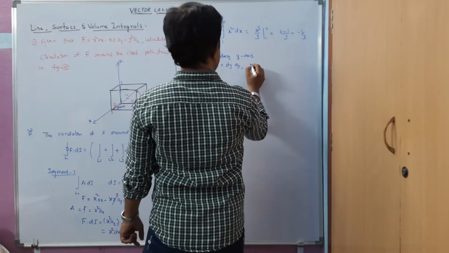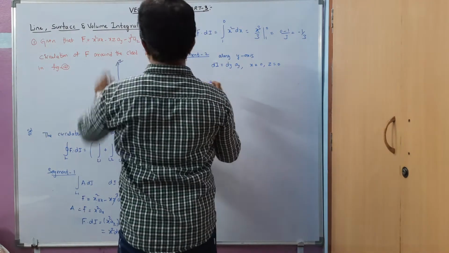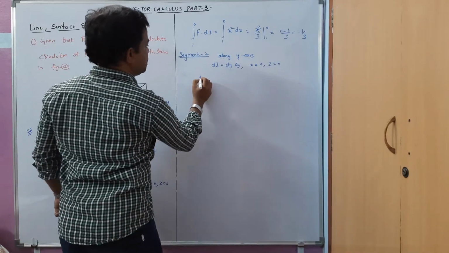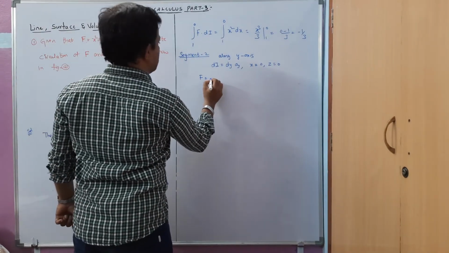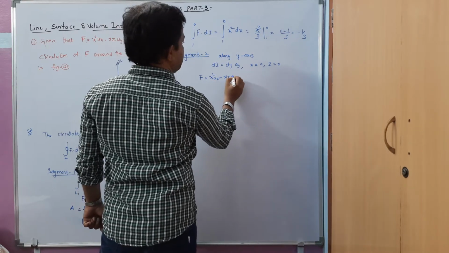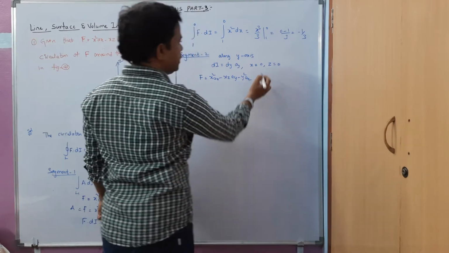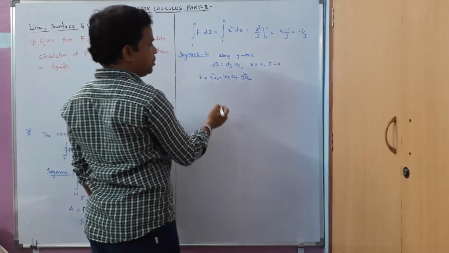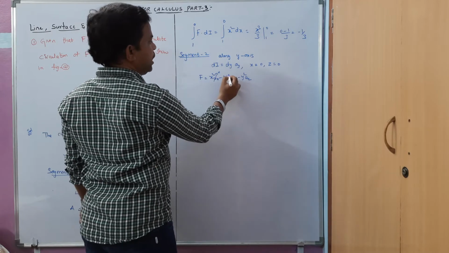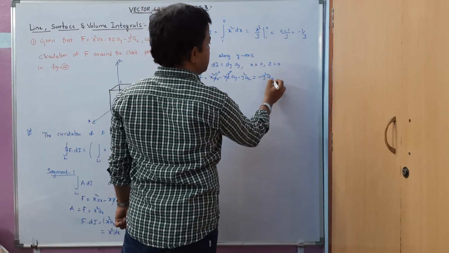So here along this one x is also 0 and z is also 0. Now what f becomes here, f is equal to x square ax minus xz ay minus y square az. So in that x is equal to 0 and z is equal to 0. So this will become 0 and this will also become 0. So I get here as minus y square az.